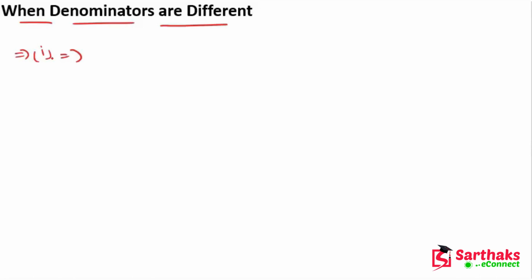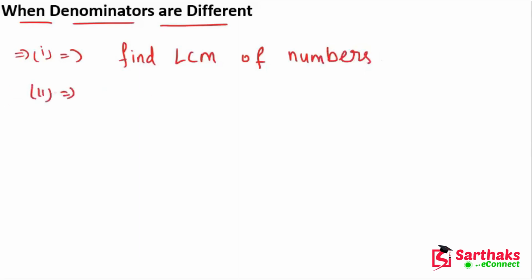First of all, find the LCM of the two different denominators. Second, after finding the LCM, we have to make the denominator equal to the LCM in both numbers.